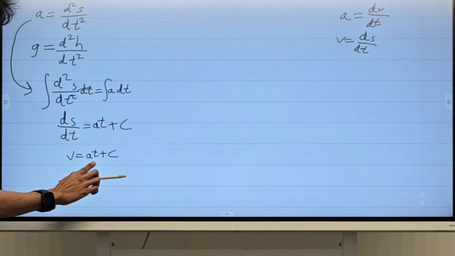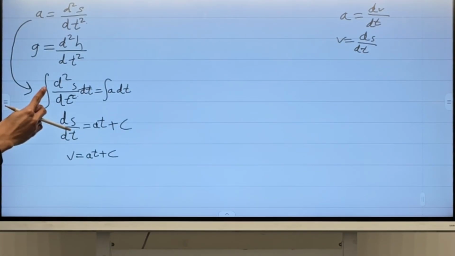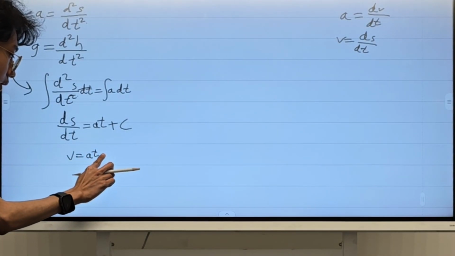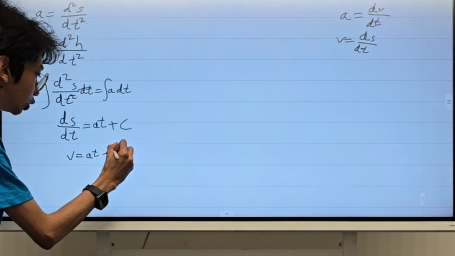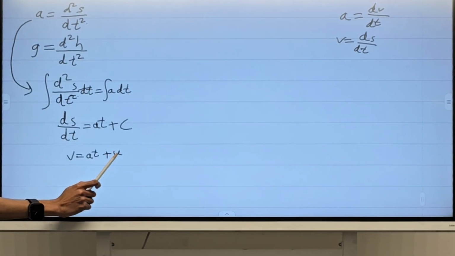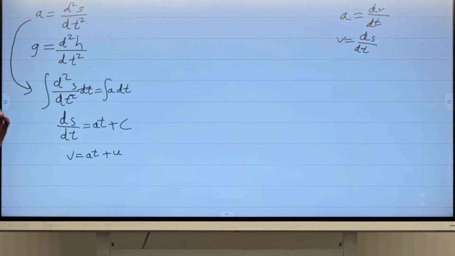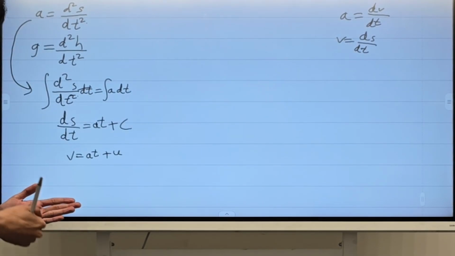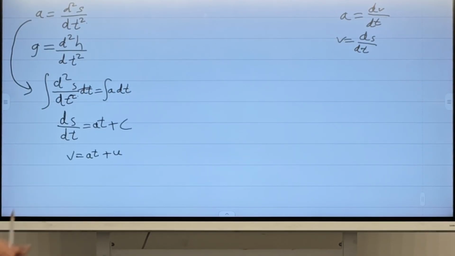That must mean that c is the initial velocity, and it will make more sense if I write it down here. So instead, I can just write down at plus u as my initial velocity. If you have an initial velocity and you accelerate from that velocity for some time, you're going to get the final velocity.